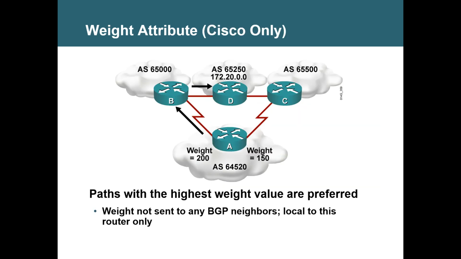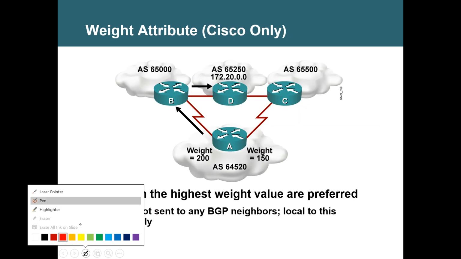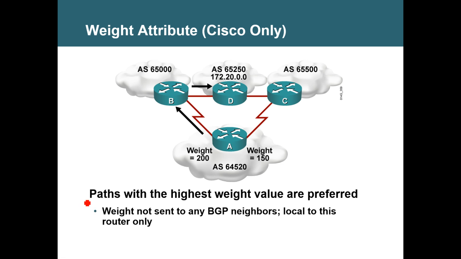Two conditions. Weight is a Cisco proprietary attribute, but I see this attribute in Huawei too. The same word, weight, is used. This is the first attribute in Cisco as well as Huawei, as well as Zati. Zati is another company.